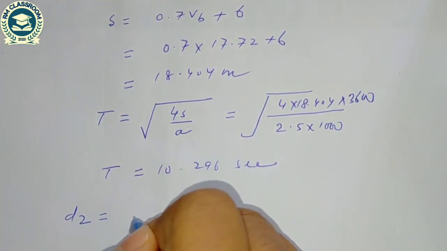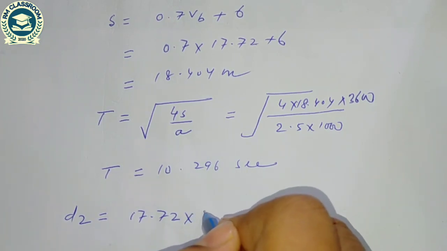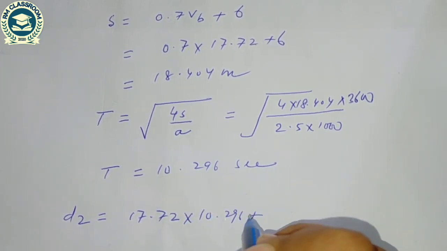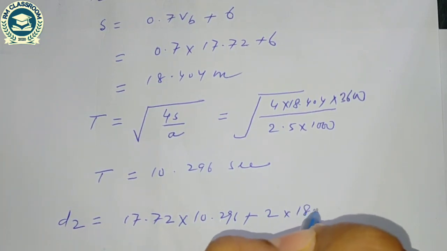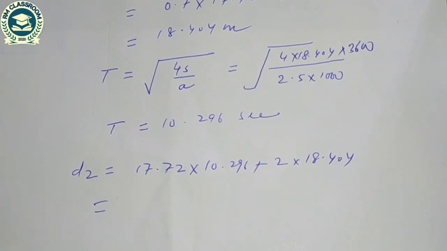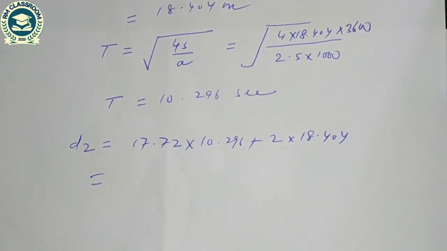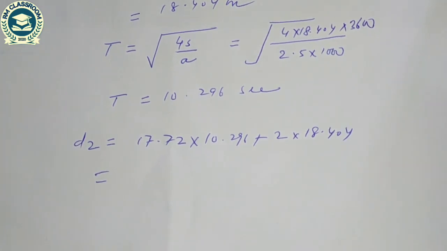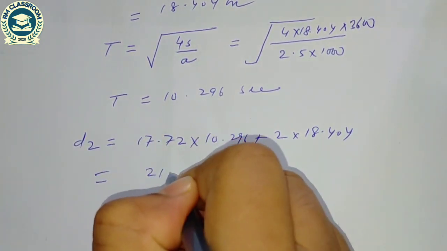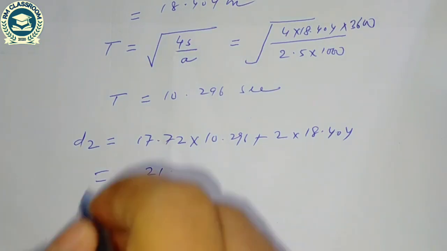D2 is equal to VB, 17.72 into capital T, which is 10.296, plus 2 into S, 18.404. So the value is coming 219.25.